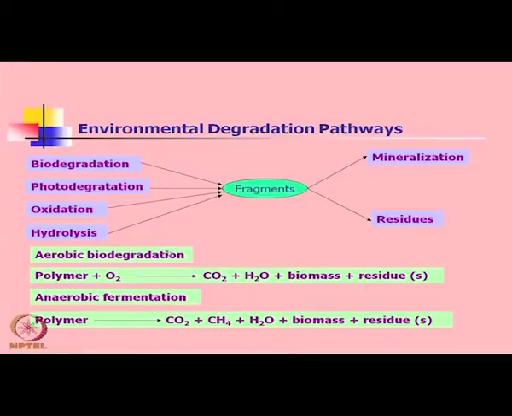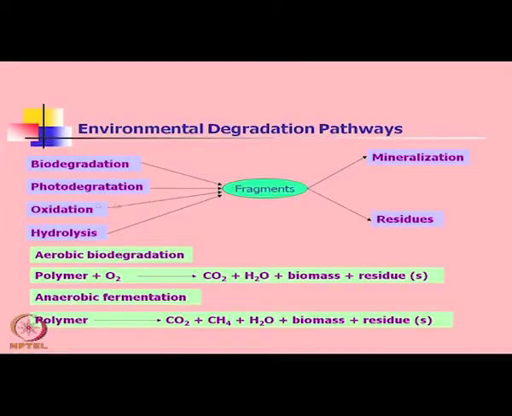Now, if we think of the paths by which the polymers can be degraded by environmental means, say we can think of biodegradation by the influence of microorganisms, or photodegradation through electromagnetic radiation, or oxidation by mixing some oxidizing agents or reacting with some oxidants.